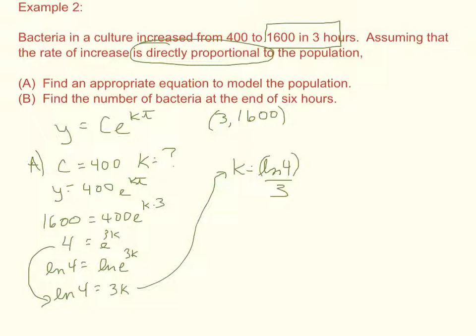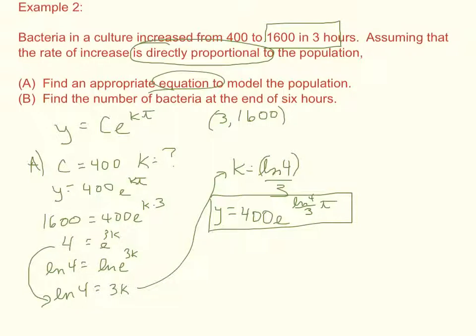All right, so we need to write our equation. We haven't quite answered A yet. So y equals 400 e, and k is the ln of 4 divided by 3, t. And that is our answer to part A.